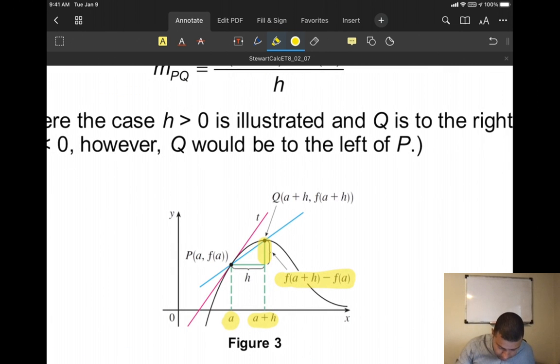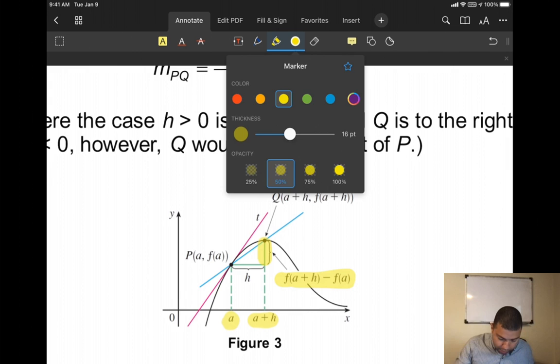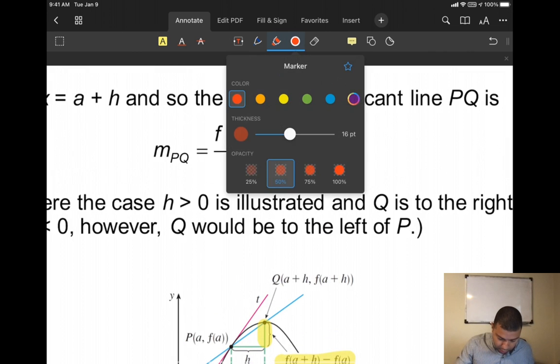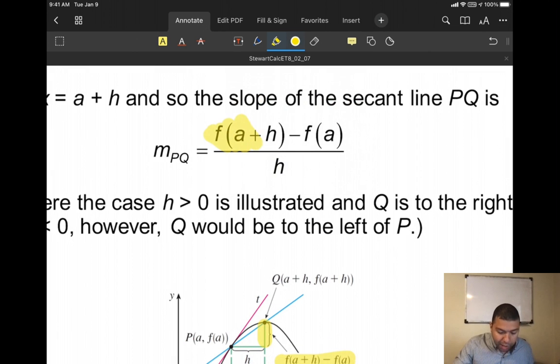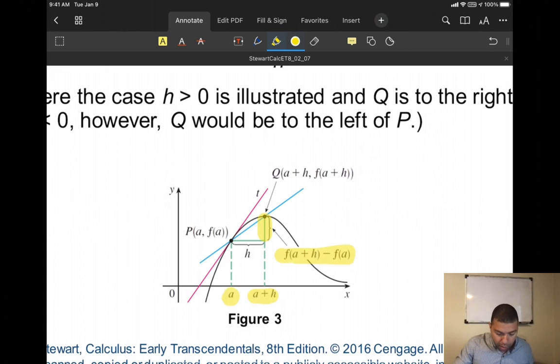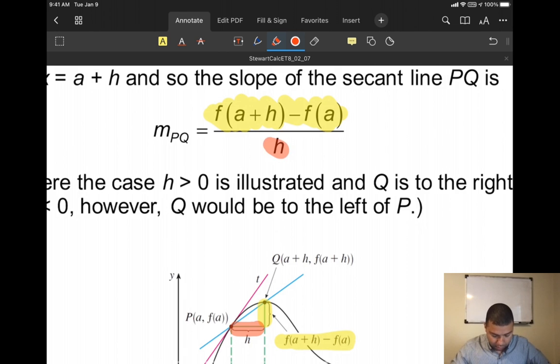This vertical thing here. And then you look at, and let me use the yellow one, this is the change in y at the top, right? And then the change in x is h, right? a plus h minus a, which is h. Okay, this length is h. So this is what we have.